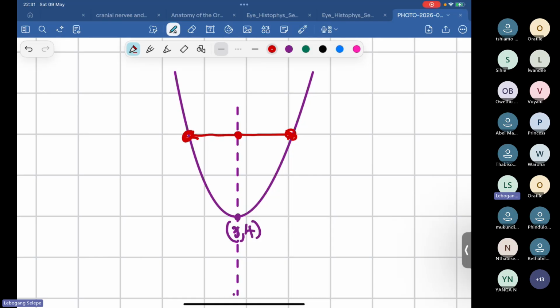So say for example, this is the line 5:7, and then this one has to be... that can't be that. Okay, just do this.